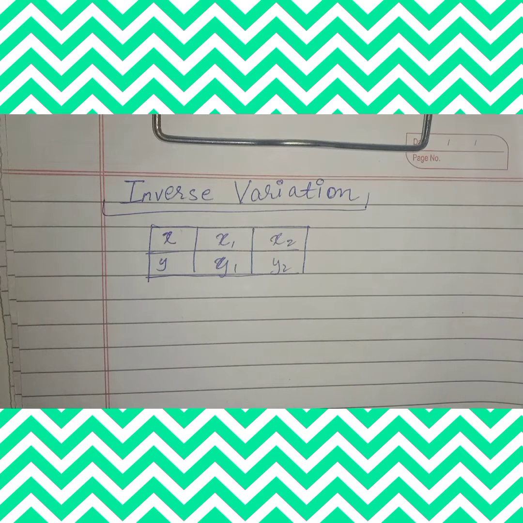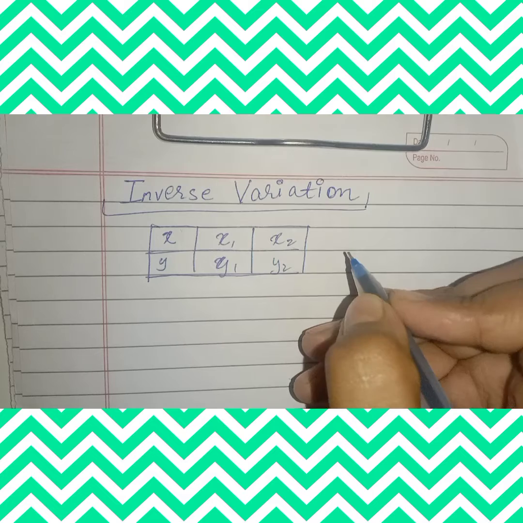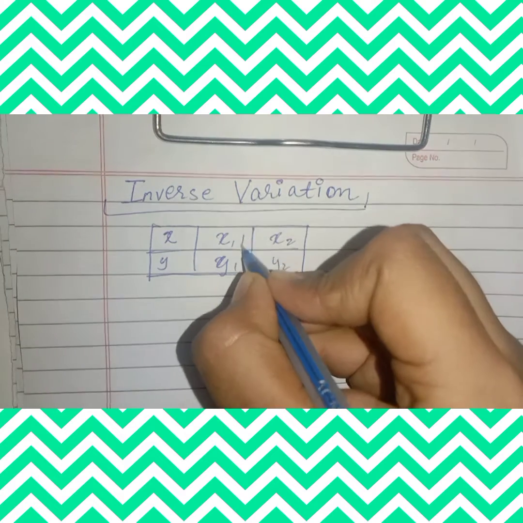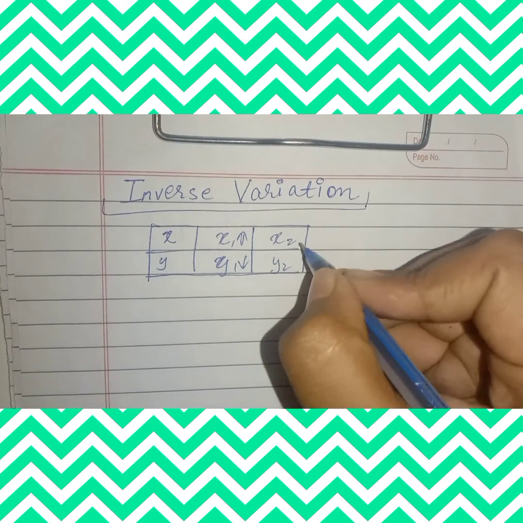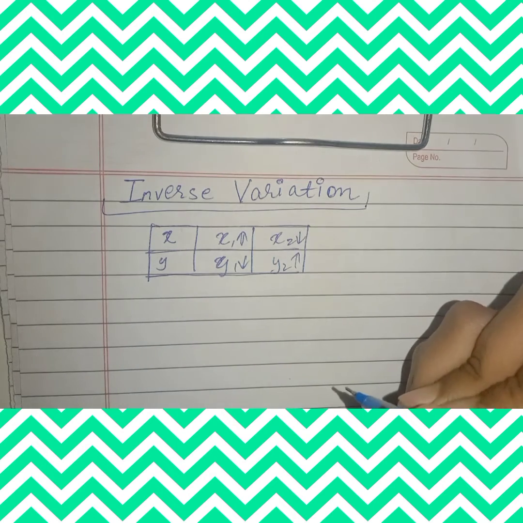Inverse variation is not a difficult topic, but not at all easy. In this, if one thing increases, then the other thing will decrease, and if the first thing decreases, then the other thing will increase. Like if x1 increases, then y1 will decrease, and if x2 decreases, then y2 will increase.